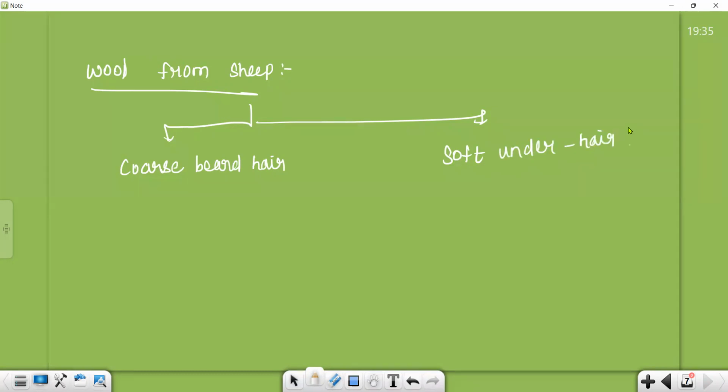The under hair of the sheep is very soft and the beard hair is very coarse, as the names themselves tell. The soft under hair is found close to the skin.